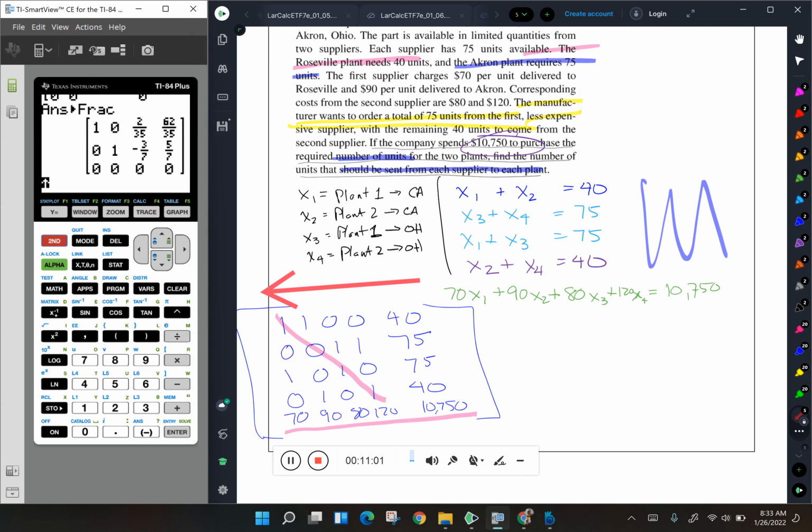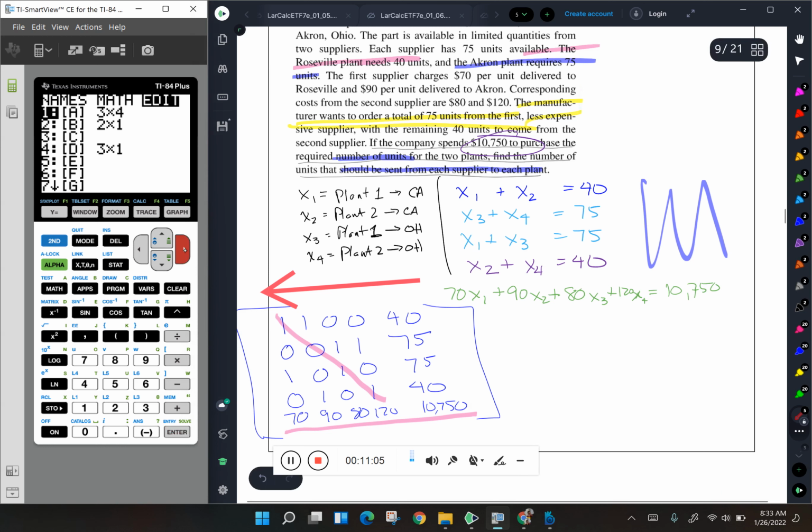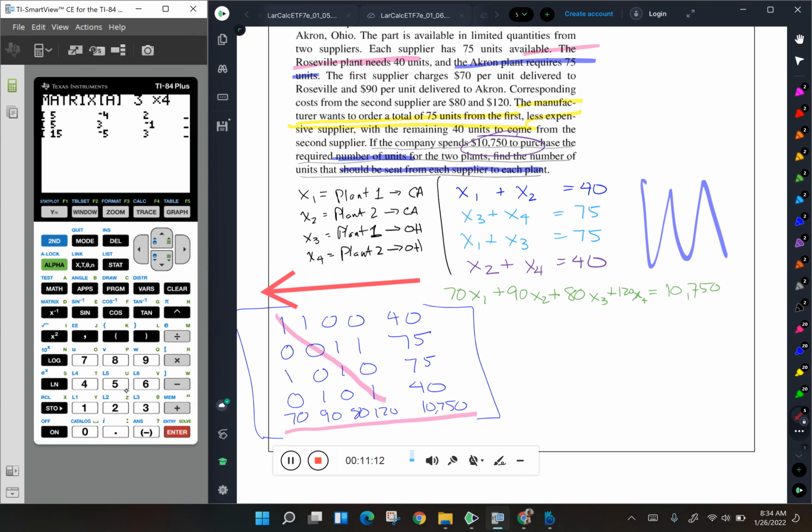So second matrix, edit. How big is this thing? Well, there's 1, 2, 3, 4, 5 rows and 1, 2, 3, 4, 5 columns. So this thing is a 5 by 5. First row is 1, 1, 0, 0, 40. Second row is 0, 0, 1, 1, 75.